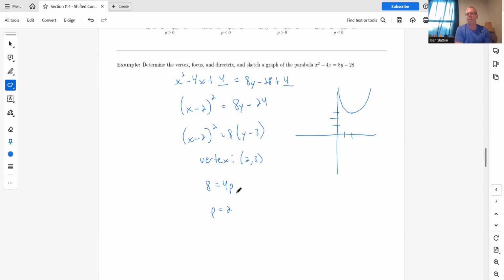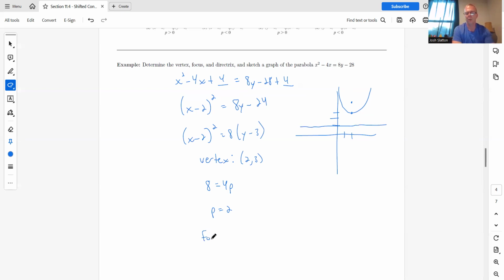When we were doing these in 11.1 and we're centered at the origin, all we did was move up. So the focus would have y coordinate 2, and the directrix would be y equals -2. We move down that much. Same thing here. Here is our vertex, and then we're going to move up to there will be our focus, and then we go down to there will be our directrix line.